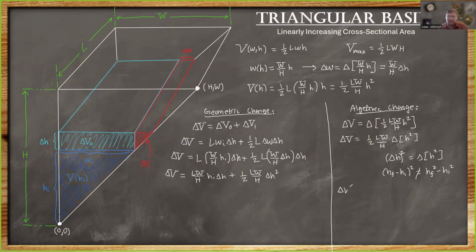What we can do next, though, is we can say delta V equals, yes, all these constant things that don't change, and then times H final squared minus H initial squared. Do we know of any neat tricks to factor this guy out? Difference of squares.